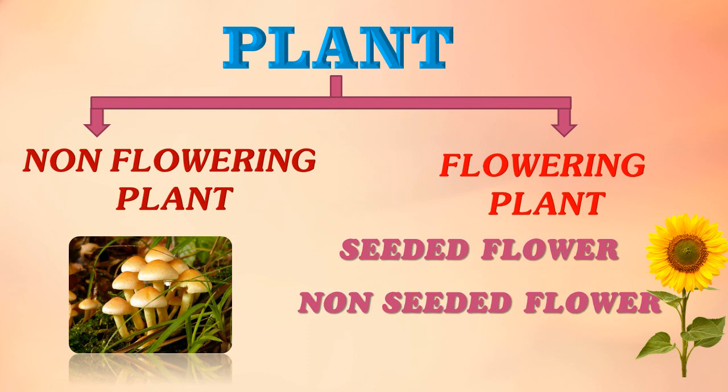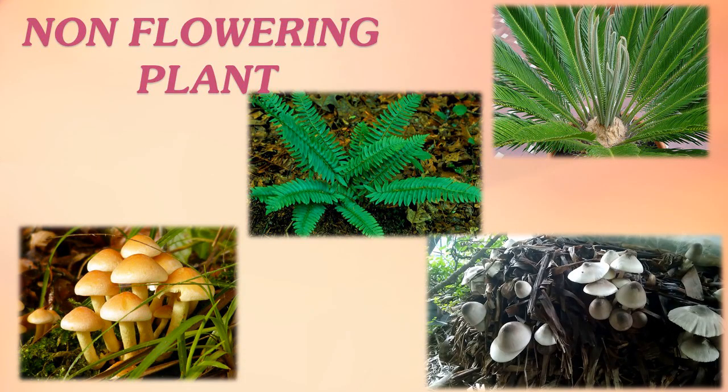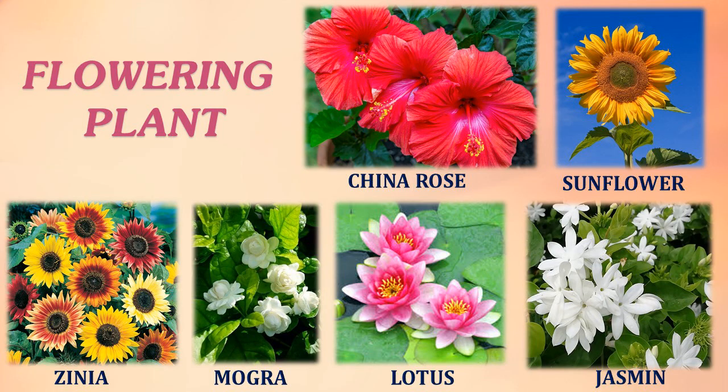Those plants which bear flowers in their body are called flowering plants. Some more examples of non-flowering plants are mushroom, dingri mushroom, horsetail, money plant, etc. Here we can see some more examples of flowering plants, that is China rose or hibiscus, sunflower, zinnia, mogra, lotus, jasmine, etc.